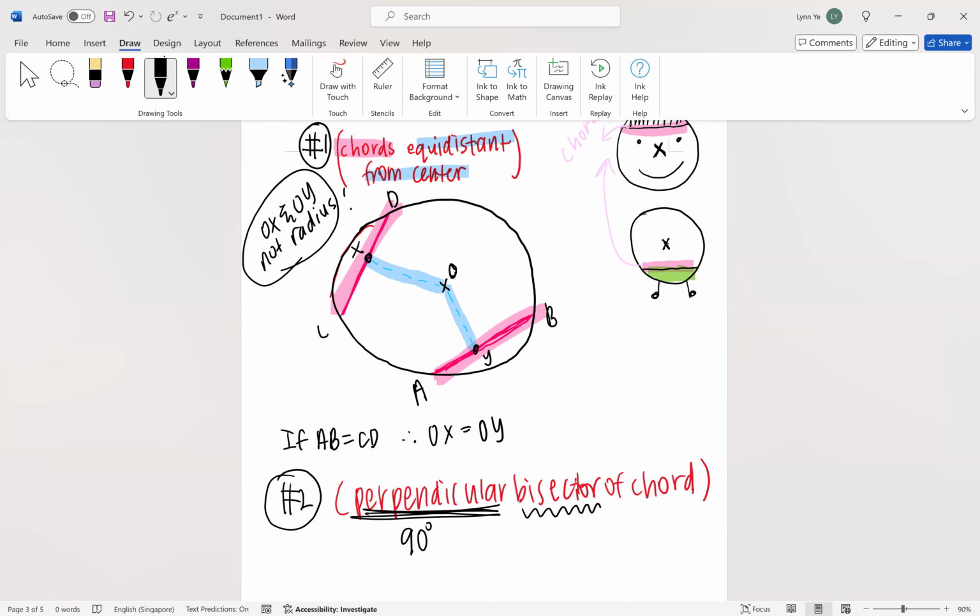What does bisector mean? Middle. Yes. In coordinate geometry, what keyword did we learn about middle? There's this particular keyword that you learn in coordinate geometry that links to middle.